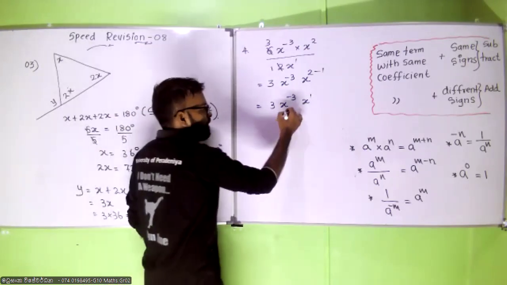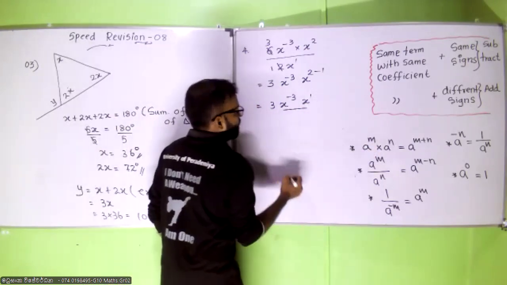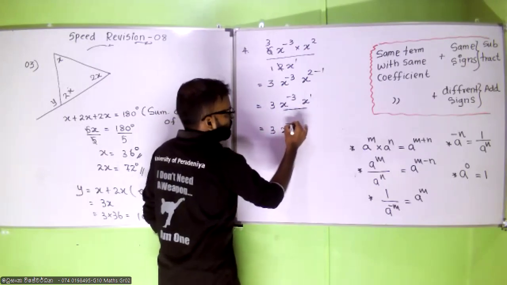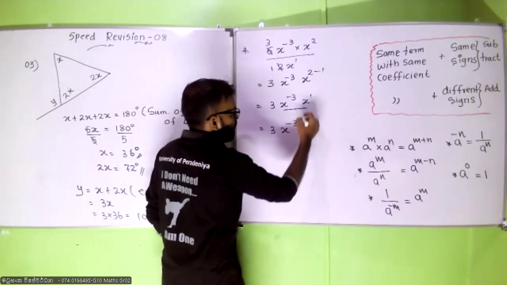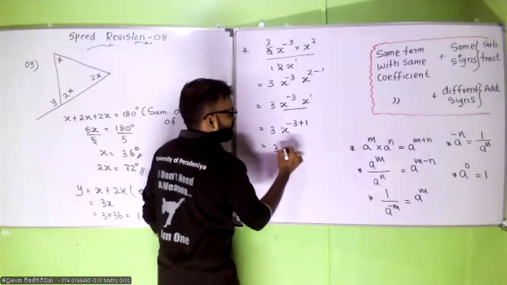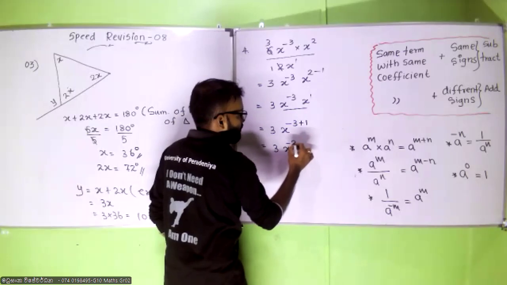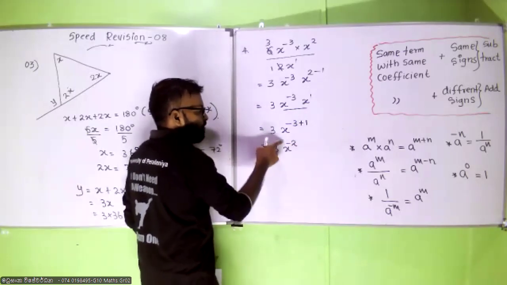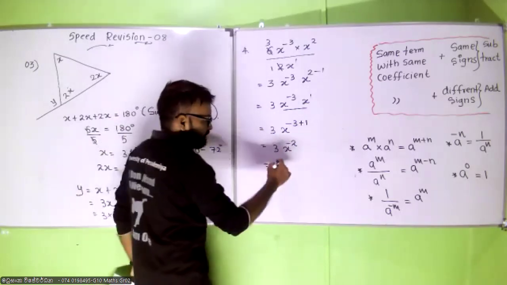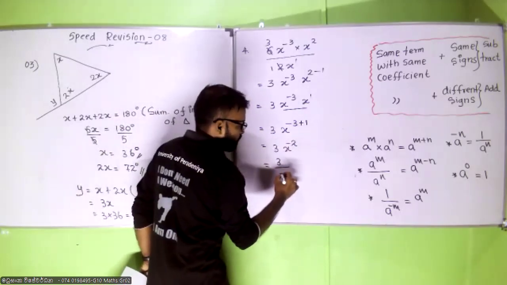Now I can apply this: 3 x to the power minus 3 plus 1. So you will get the answer as 3 x to the power minus 2. And if you want to make sure that you have a positive power, you can take the reciprocal of this: 3 over x to the power 2.